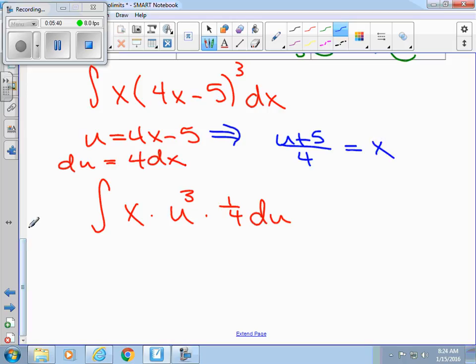Now, most of the time, what I just did there would be a waste of time because it seems like I might not have simplified anything. However, what this has done, it has taken the complicated part out of the power. Why is that good? Well, let's look. I'm going to go ahead and just move both 1/4 out here. Yeah, this 1/4 u plus 5.